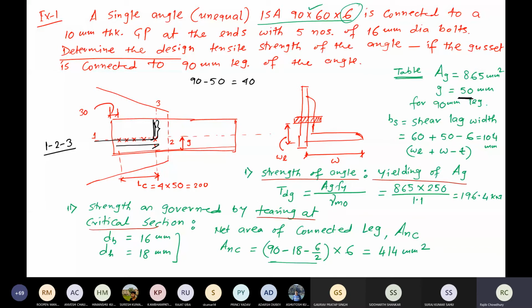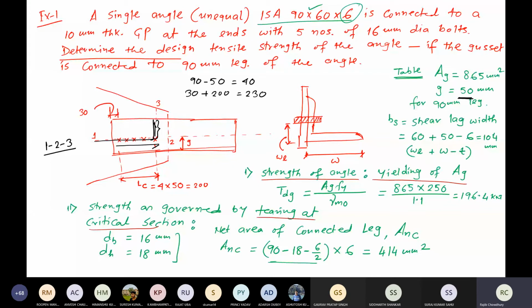And the shearing length, shear would develop over here. So the shearing length would be 30, which is the end or edge distance, plus 200, so 230.